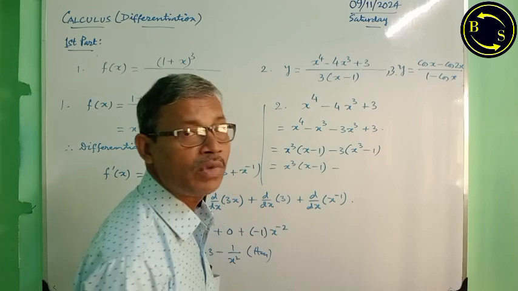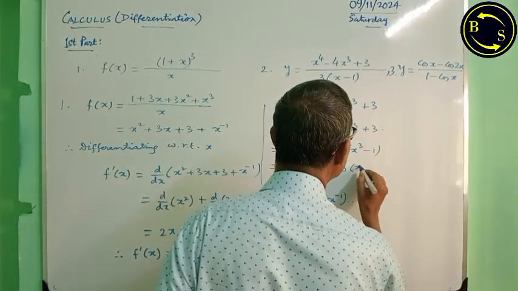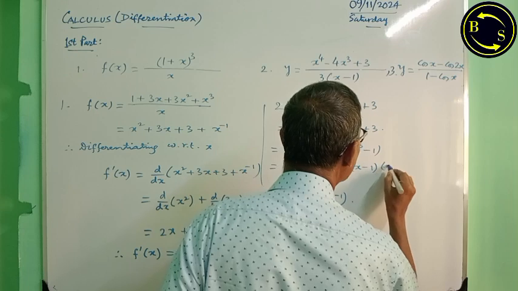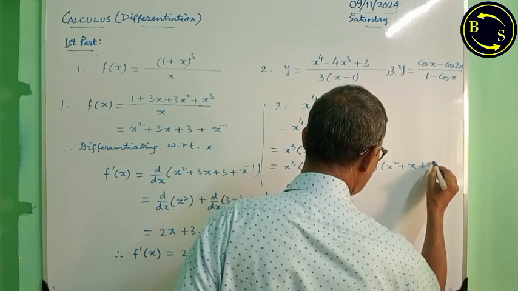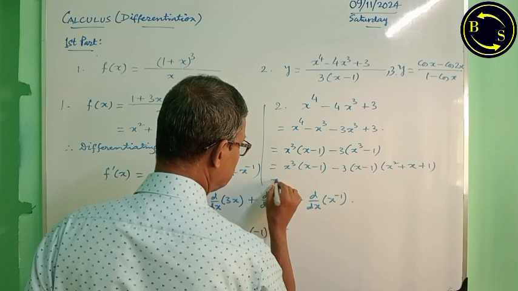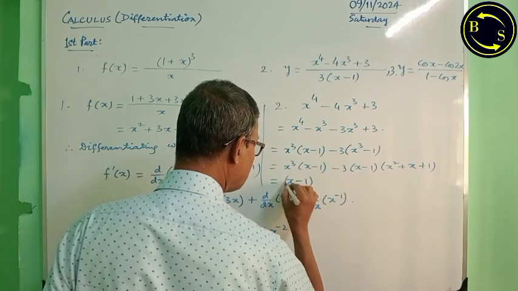This is of the form a cube minus b cube. Therefore, the factor form will be... now x minus 1 is the common factor.